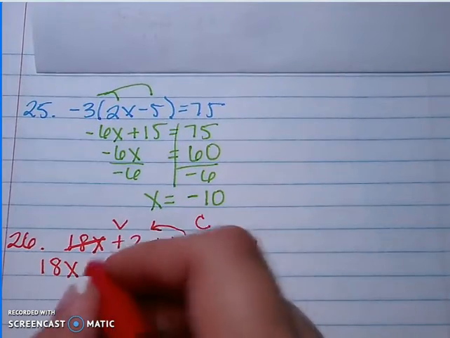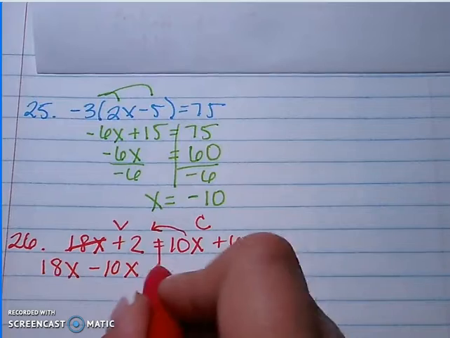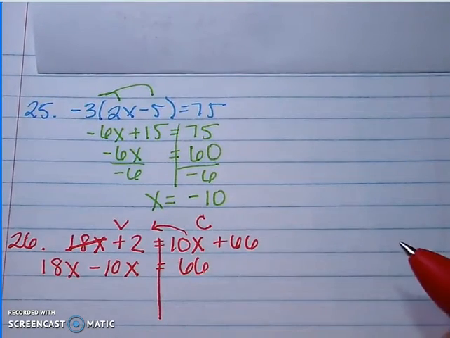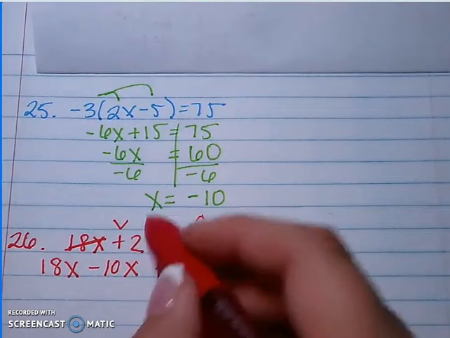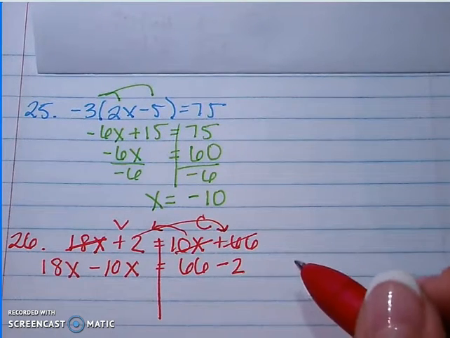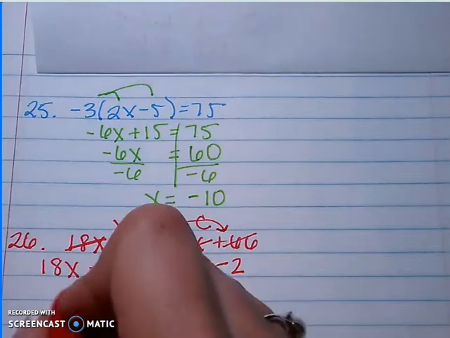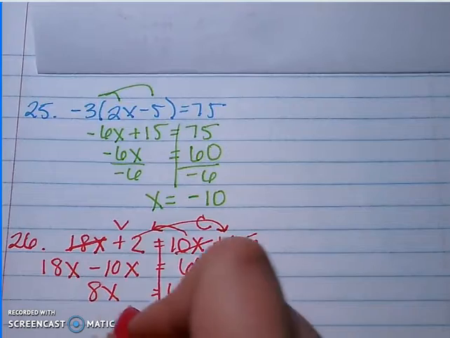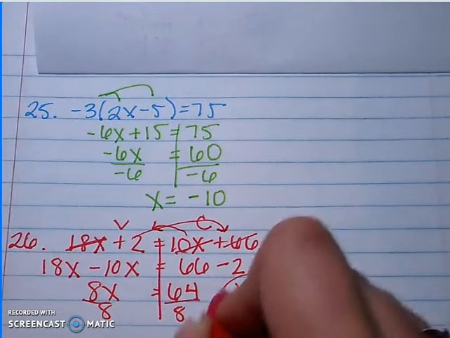So if it jumps, it becomes a negative. The constant that's here is a 66. And the constant that needs to come over is a 2, but it's on the other side, so make it negative, or the opposite sign. So combine like terms, we got 8x equals 64. Divide both sides by 8. X equals 8.